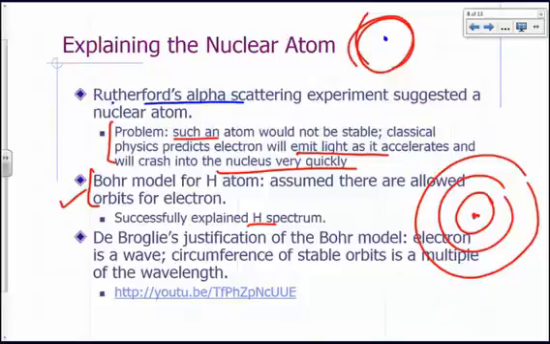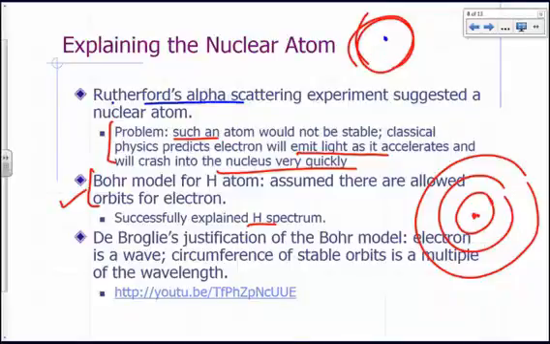Unfortunately, the problem with the Bohr model is it works only for hydrogen, and it could not explain finer details. If you look at the spectrum of hydrogen at higher resolution, you cannot explain why those finer details are there. But Bohr was the first to propose the notion of quantization for the energies of the electron in an atom. Anyway, Bohr's theory, the planetary model, is now referred to as old quantum theory.